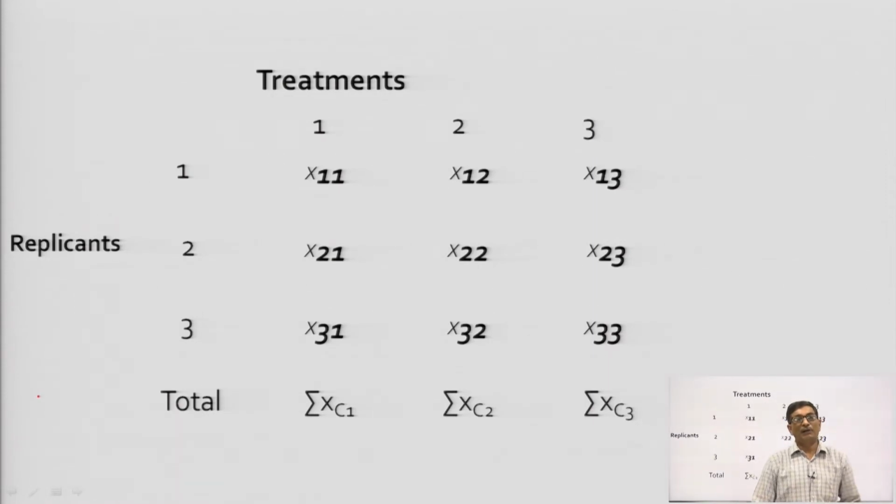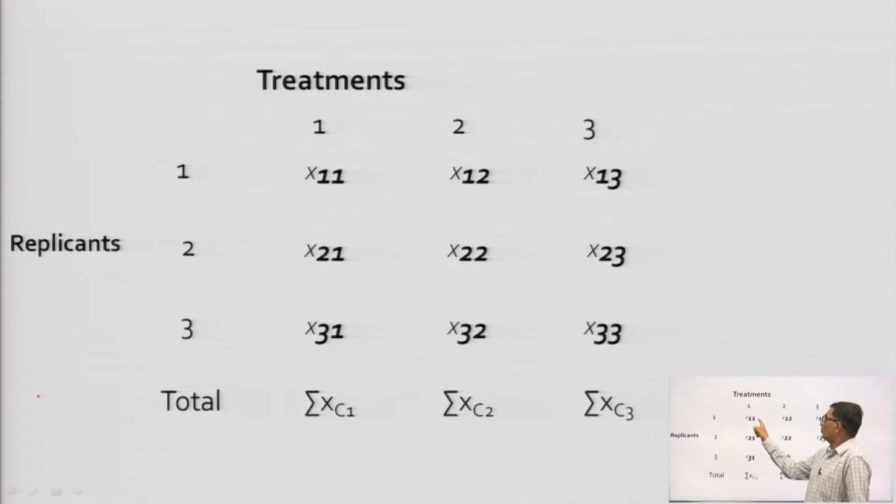To understand one way ANOVA, I show this slide. Suppose we have 3 treatments 1, 2, 3 and the sample size is 3, that means we have 3 treatment groups and in each treatment we have 3 samples.